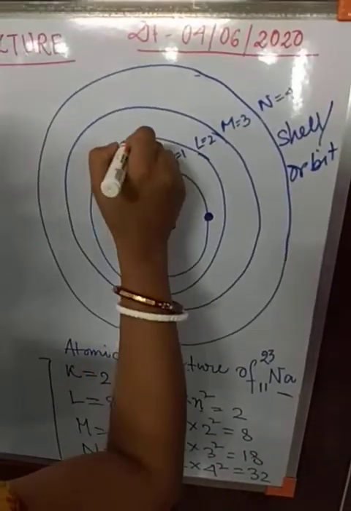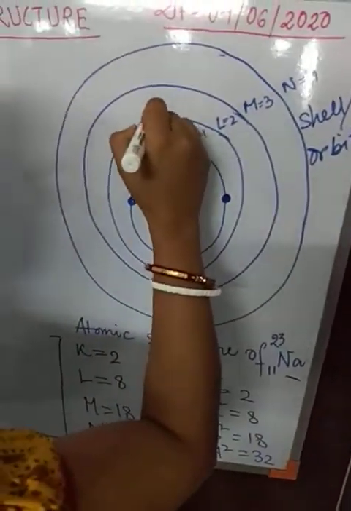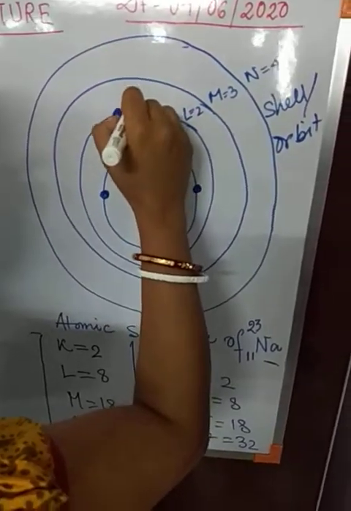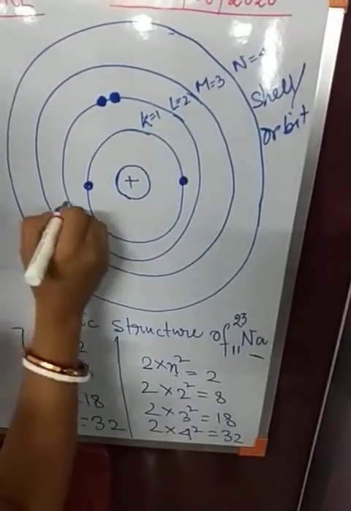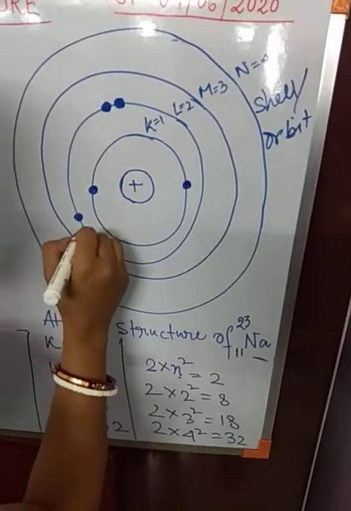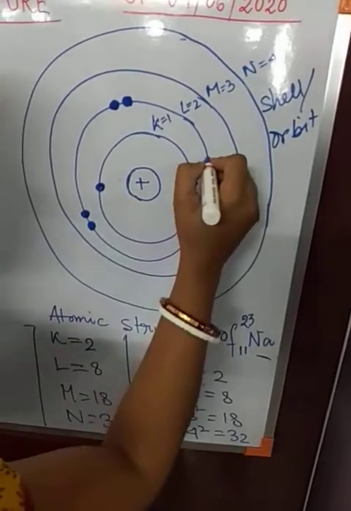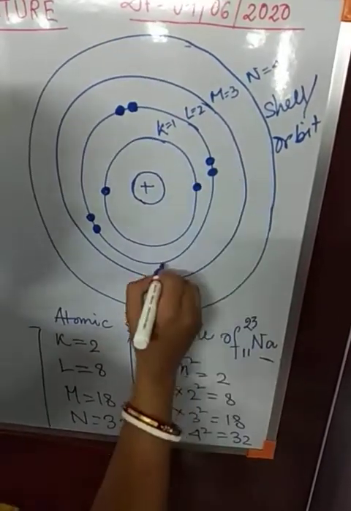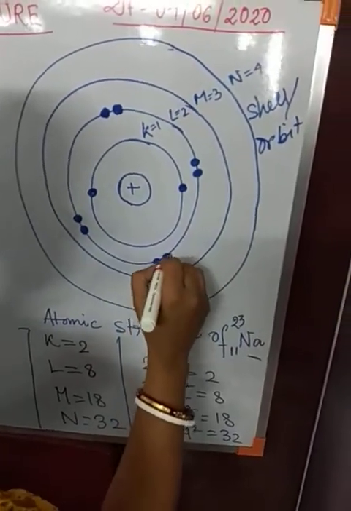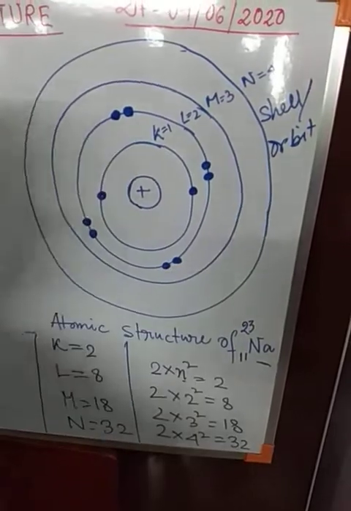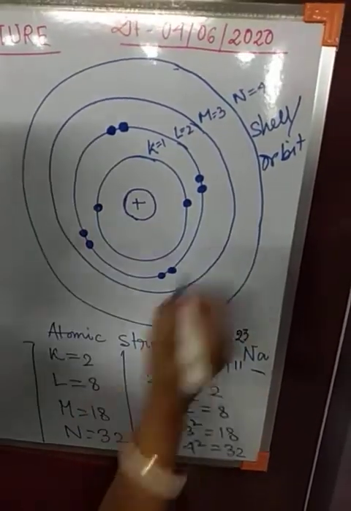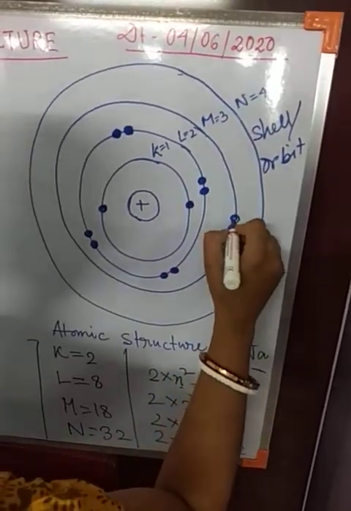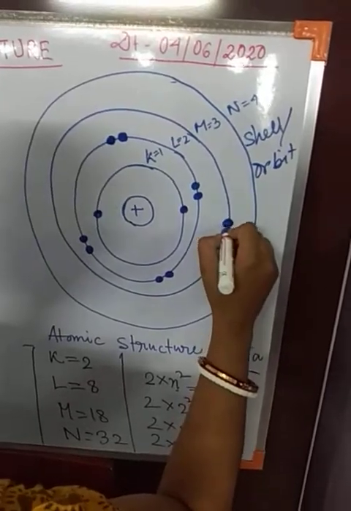So the next shell, the L shell, can accommodate a maximum of 8 electrons. So let us draw 8 electrons in this shell. Now we are left with one more electron, which will go in the next shell, the M shell.